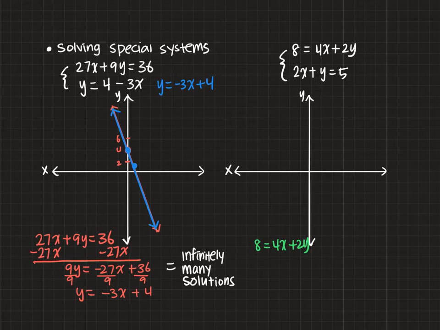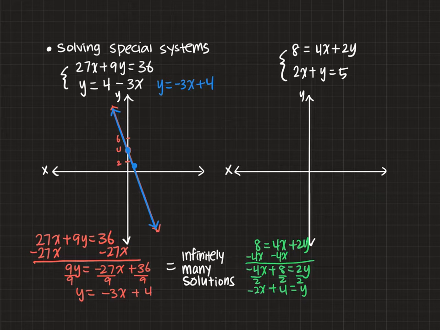And I'll have negative 4x plus 8 equals 2y. The same thing happens for this one too. I'm going to divide everything on this item by 2 so I can have one single y by itself. So it's going to be negative 2x plus 4 equals y.